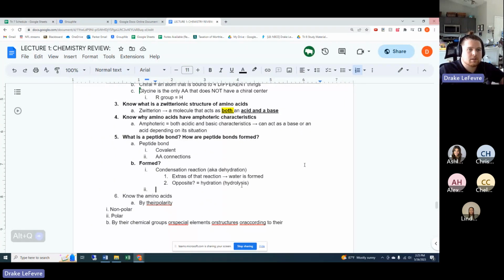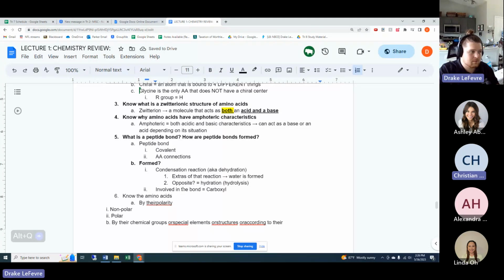For example, what parts of the structure are involved in the peptide bond? Is it the R group, the hydrogen, the carboxyl group, or the amino group? It's the carboxyl, or carbonyl, I don't know which one that is, and then the amine group.